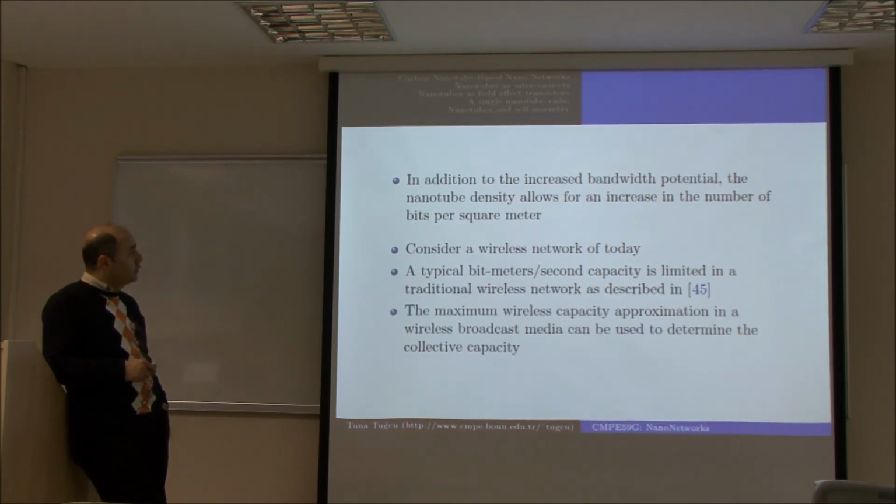So in addition to the increased bandwidth potential, the nanotube density also allows for an increase in the number of bits per square meter. So considering a wireless network of today, a typical bit meter per second capacity is limited in the case of traditional wireless networks. And the maximum wireless capacity approximation in a wireless broadcast media can be used to determine the collective capacity.